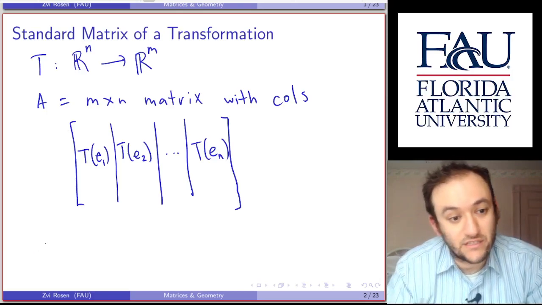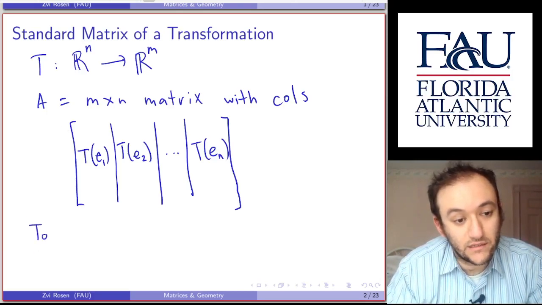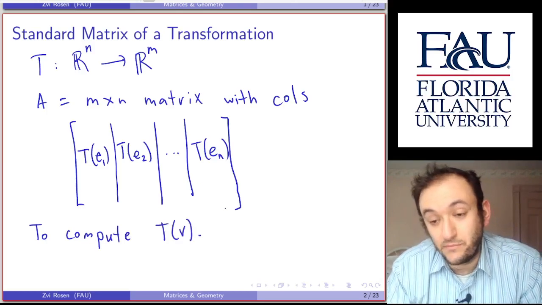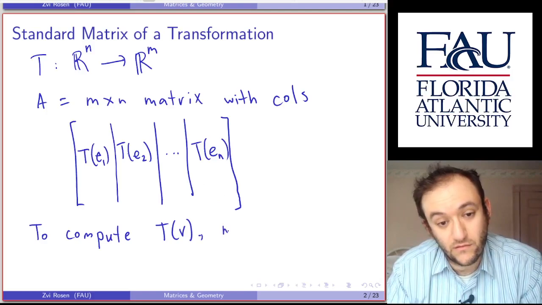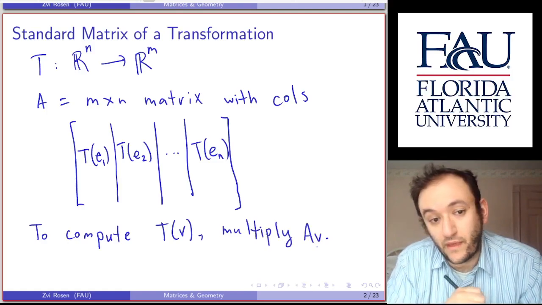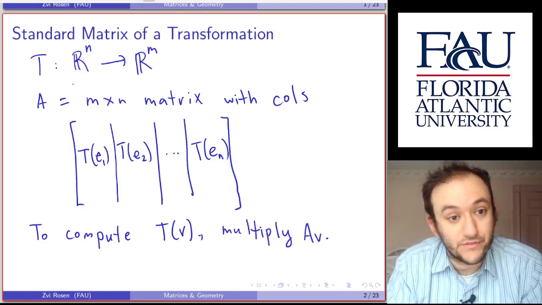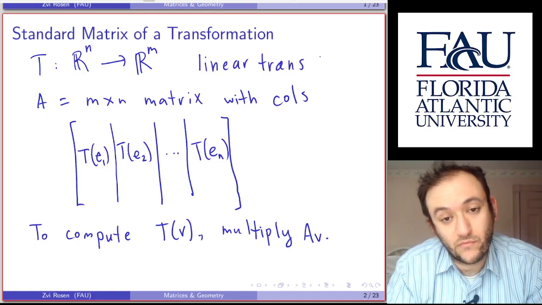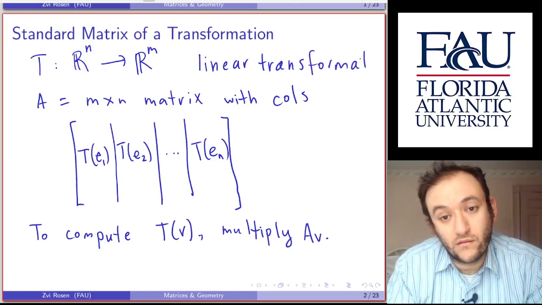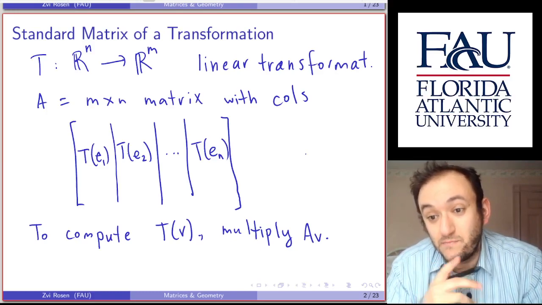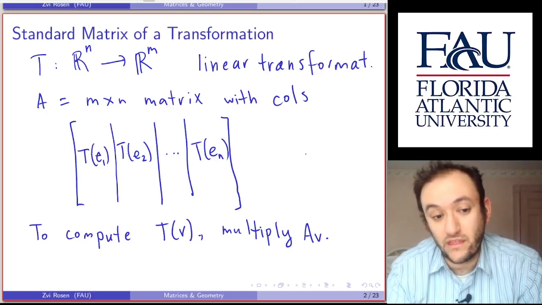What this matrix allows us to do is, if we want to see what T(v) is, all you need to do is multiply A by v. And the linearity of this operator, so we're assuming this is a linear transformation, guarantees for us that this matrix will correctly compute the value of T.